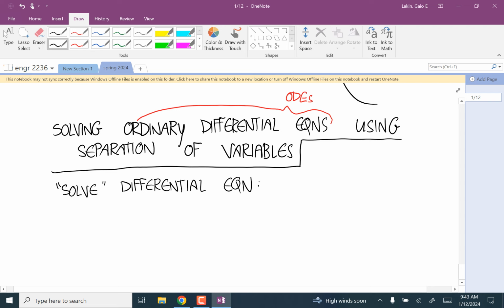Solving a differential equation means coming up with a function. You're not coming up with a number, you're coming up with a function.